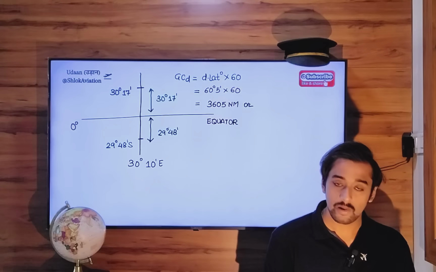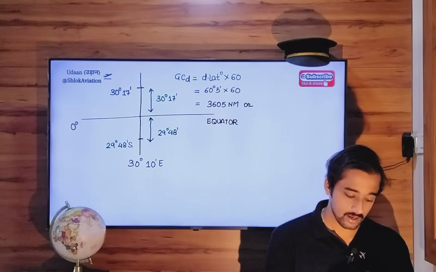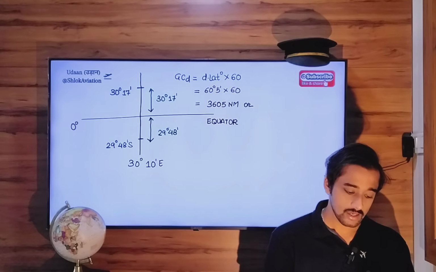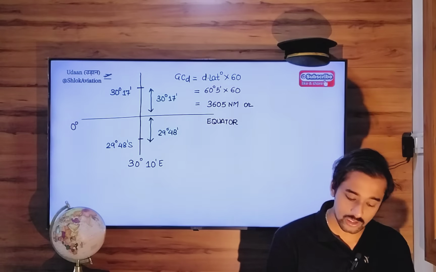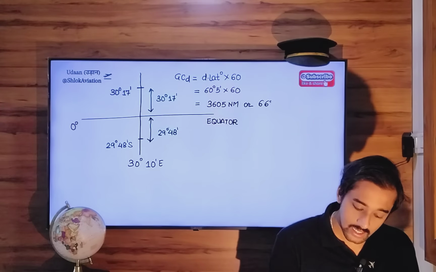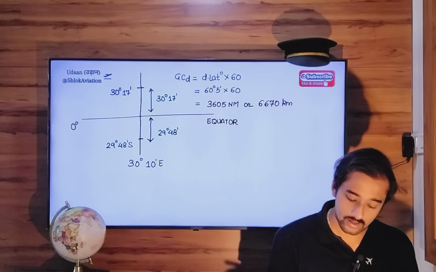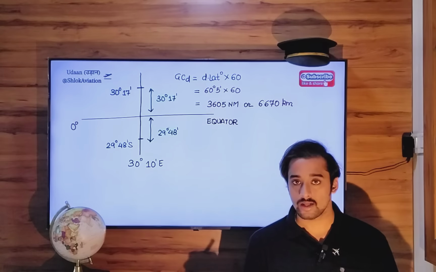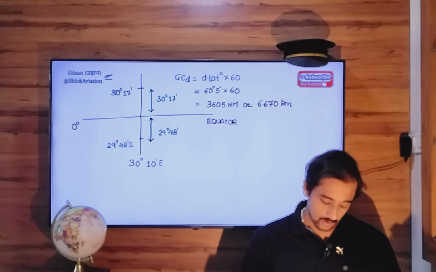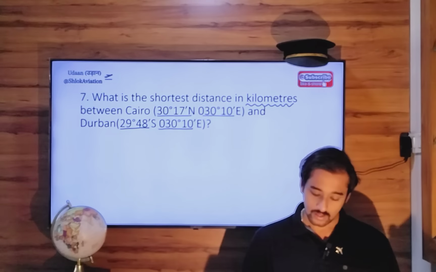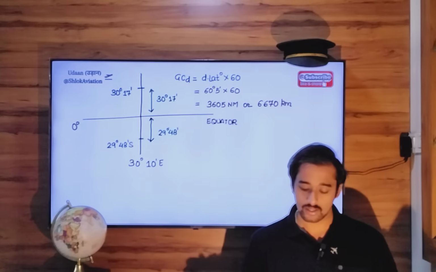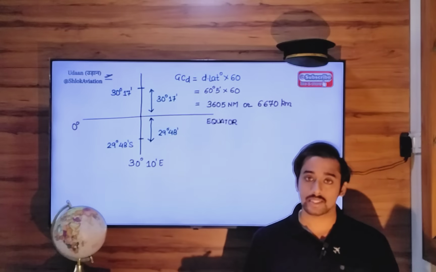Multiply by 1.85, it yields the answer in kilometers, 6669, approximately 6670 kilometers. So this is the final answer. This is how you do it. Go with that option which has this value, 6670 kilometers.